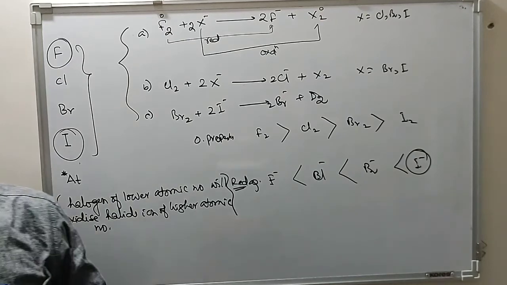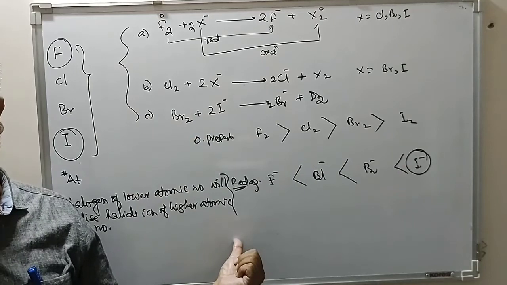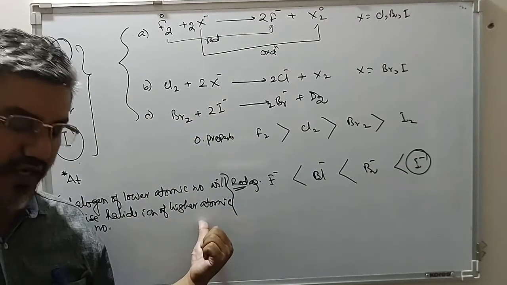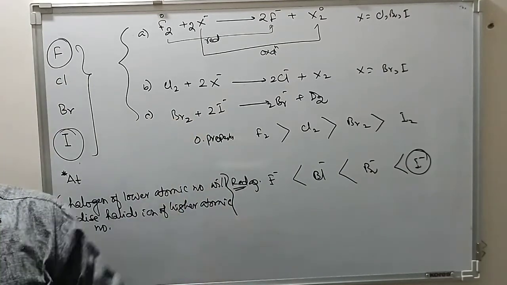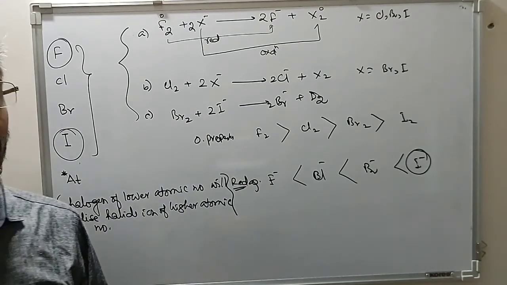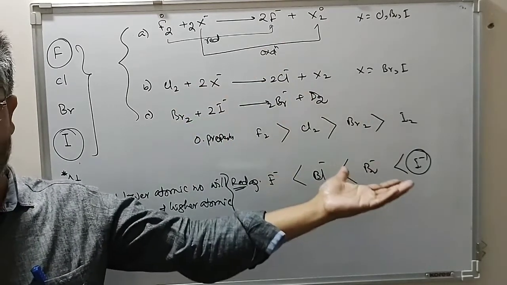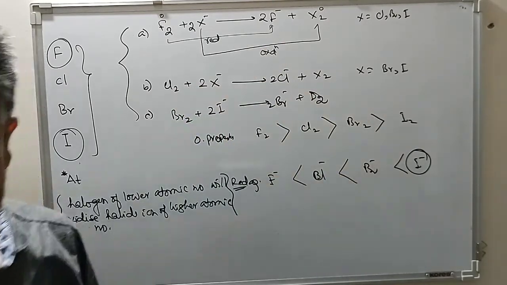That energy difference is the most negative for fluorine and the least negative for iodine. So fluorine has the largest value of reduction potential. So this is the strongest oxidizing agent.